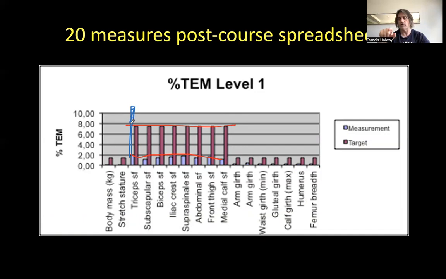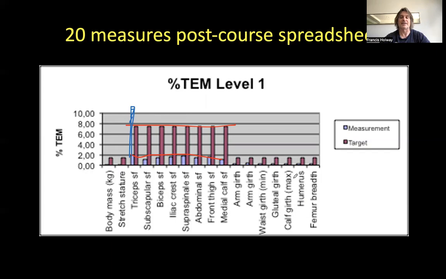You forgot to put a decimal point, or you put it in the wrong place, and that increases the error. So check for errors by using this graph. And if it's not a data loading error, maybe you need to work and get some more measures on the triceps, for example, in this case, so that you improve that percent.